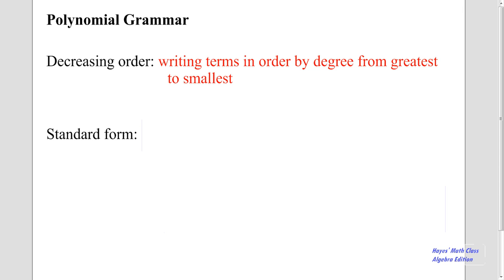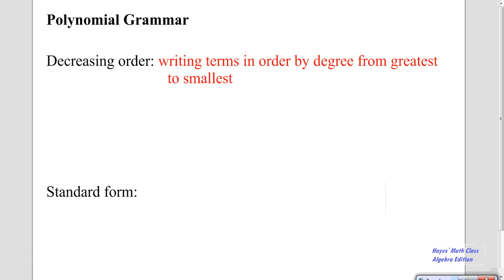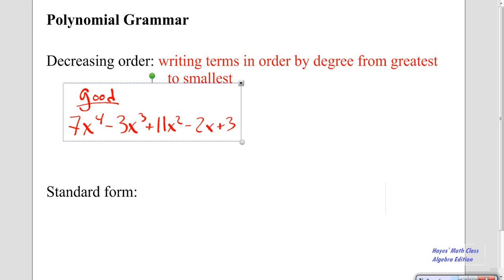For example, an example of something good would be this: 7x to the fourth minus 3x cubed plus 11x squared minus 2x plus 3. Okay? That's good.